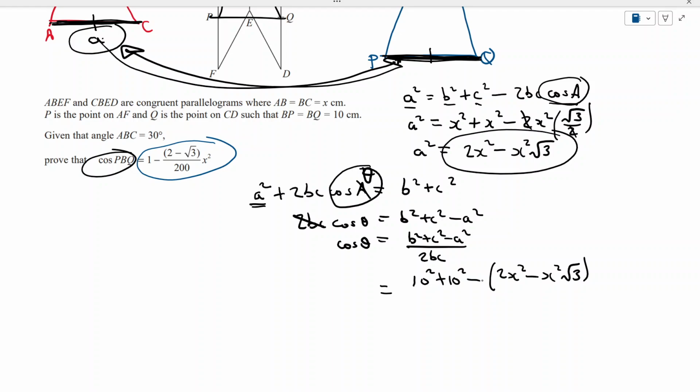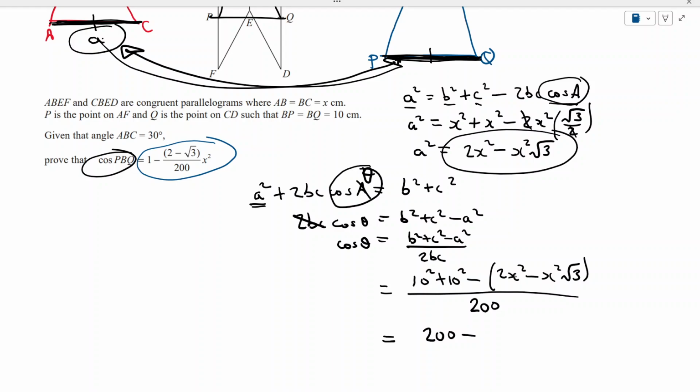In brackets because we're subtracting both the 2x squared and negative x squared root 3, which is obviously going to change its sign, so be very, very careful there. Over 2 times b times c. Well, b equals 10 and c equals 10. So 2 times 10 times 10 is 200. Simplify this. 10 squared and 10 squared is 200.